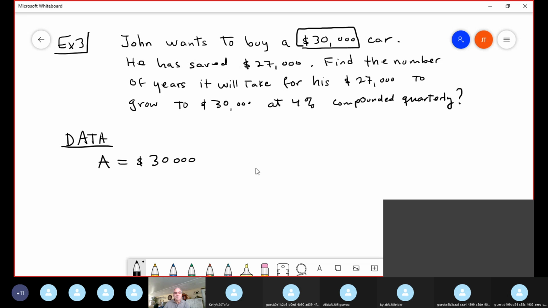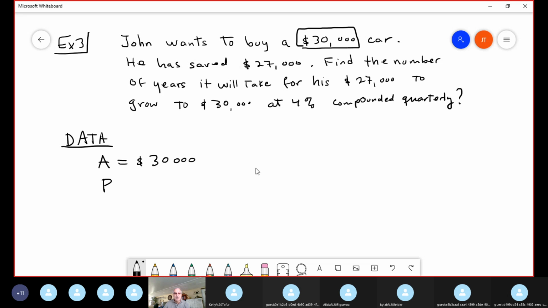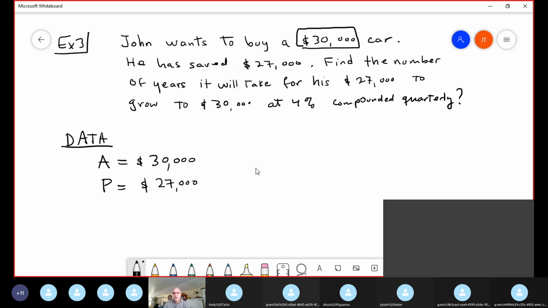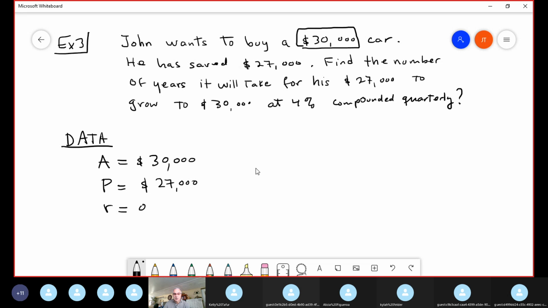Who is 27,000? The present value, no? The money John has right now. That is P. The interest rate is 0.04. Compounding is quarterly. I need to find the time.